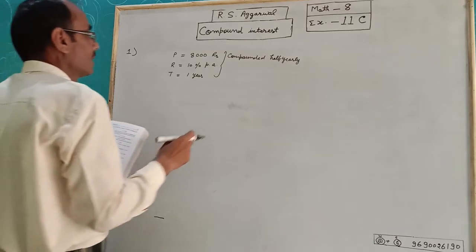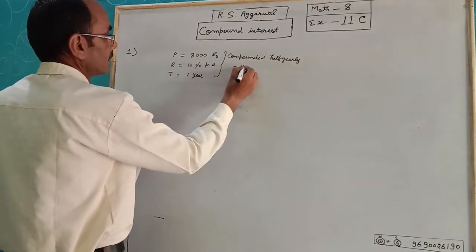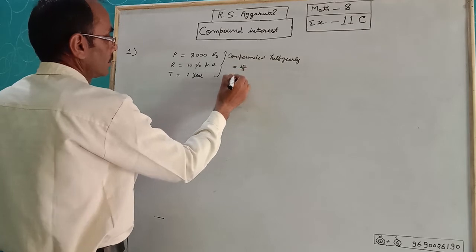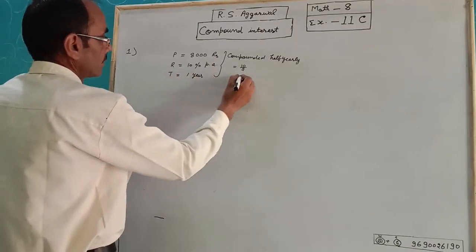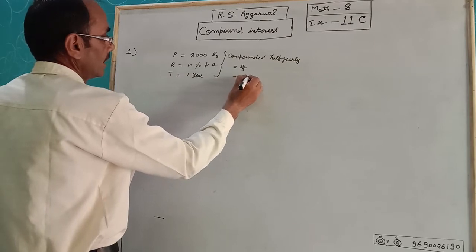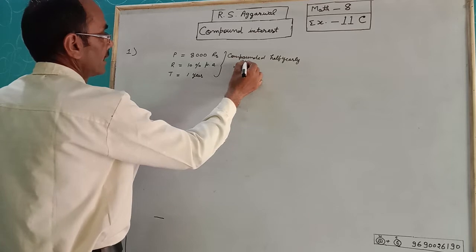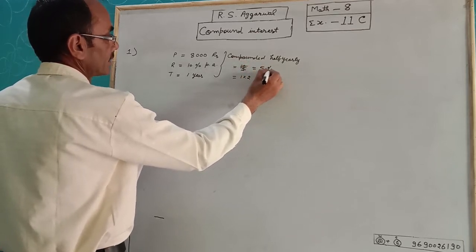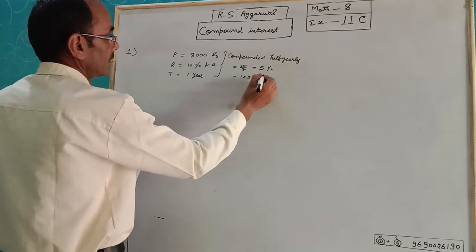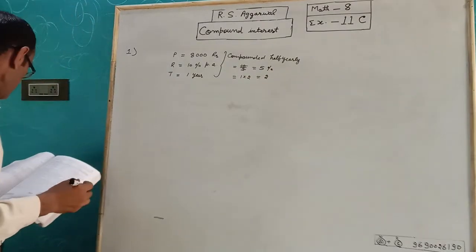Compounded half yearly, R will be divided by 2 and year multiplied by 2. After dividing by 2, R is 5%, and time is 2 half yearly.